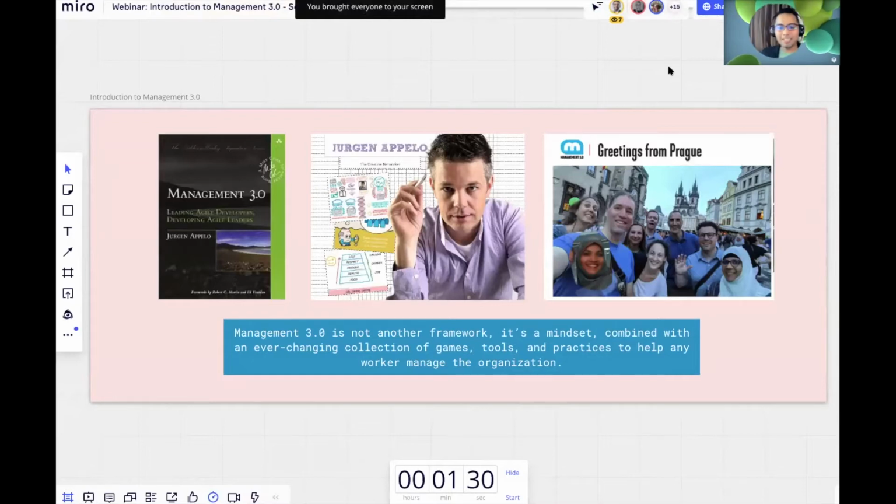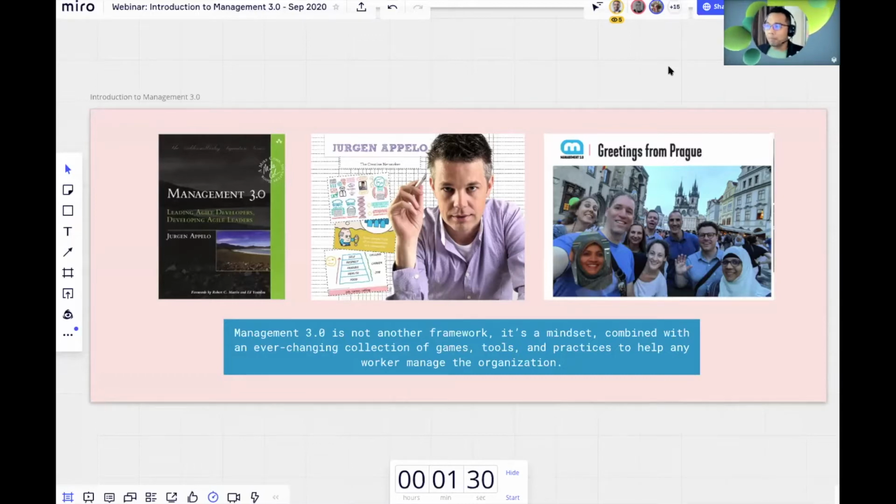So this is an introduction of what exactly is Management 3.0. The author of Management 3.0 is Jürgen Appelo. He is based in Holland. He wrote a book a while ago called Management 3.0. And from his book and his ideas came the whole concept of how do we do leadership, how do we do management in complex environments?